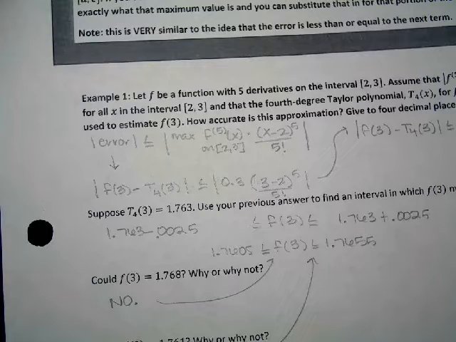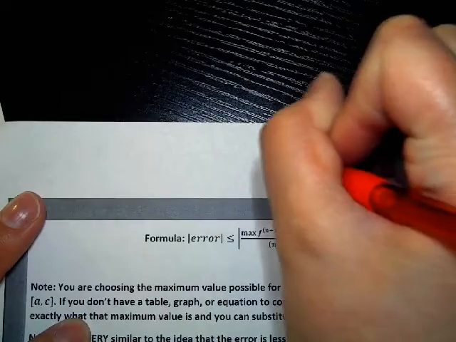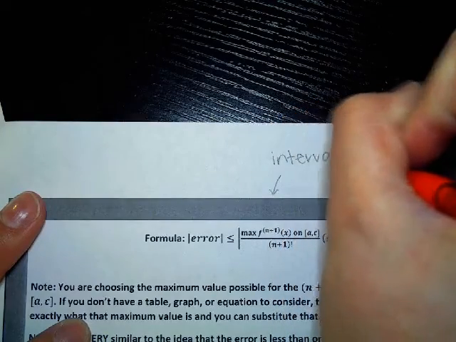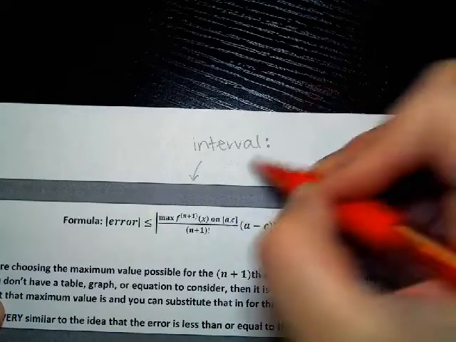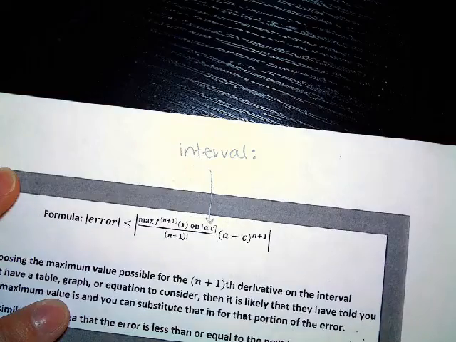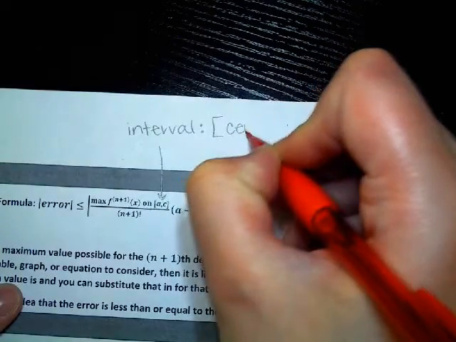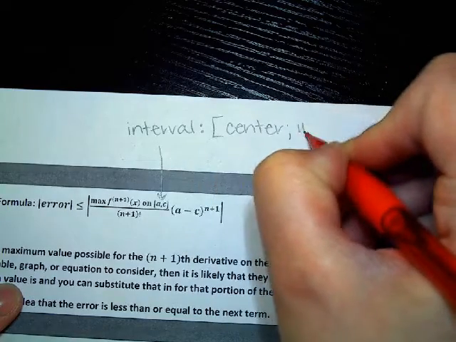And that might actually be good for us to write in the notes. Write that maybe at the top or something. We can say the interval, let me draw my arrow better right here, is either the center to the number evaluating, or number evaluating to center.